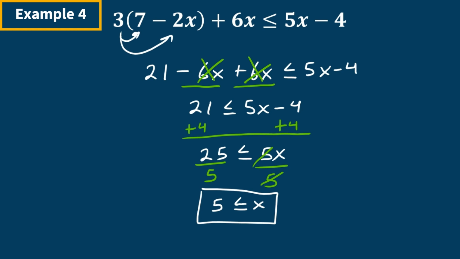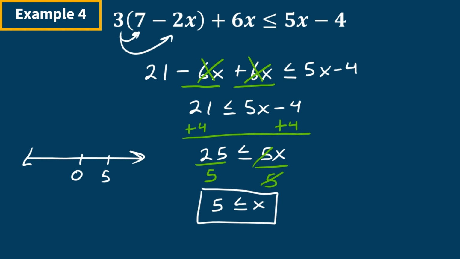Now let's go ahead and look at the number line solution. So here is 0, here is 5, and in this problem it says that x is greater than or equal to 5. I know that usually we'll have x on the left hand side, but I wanted to show you how it looks like with x on the right hand side.